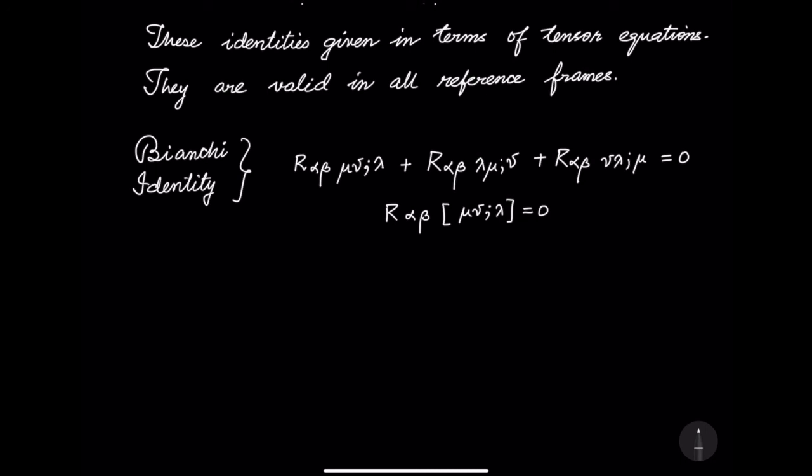All right. So that's it for today. We have looked at the parallel transport of a vector in an arbitrary closed curve and introduced the idea of the intrinsic curvature given by the Riemann curvature tensor and looked at its properties. We'll continue from there in the next class.